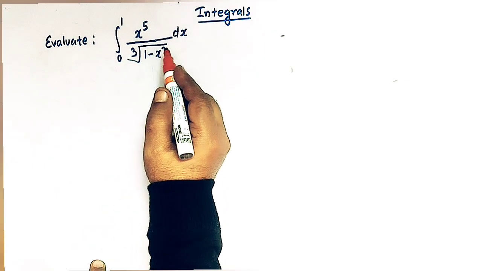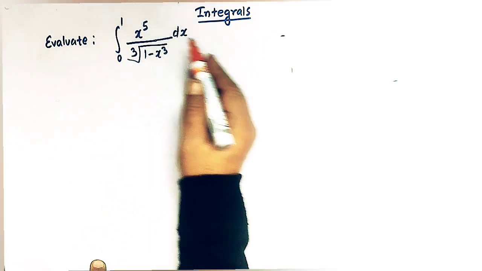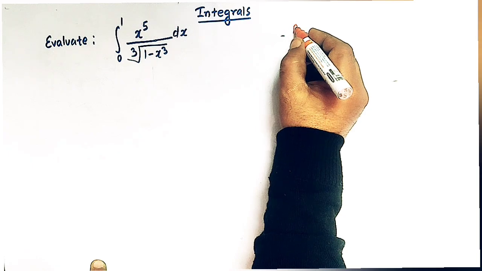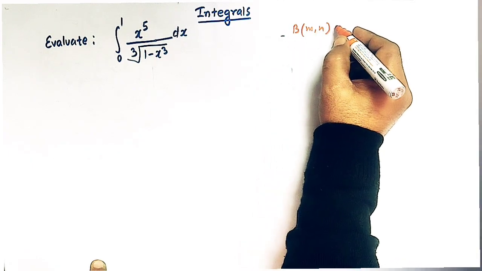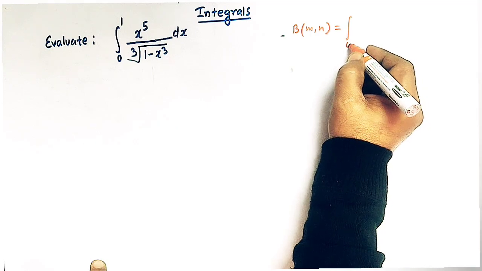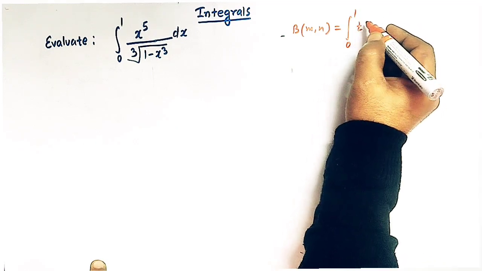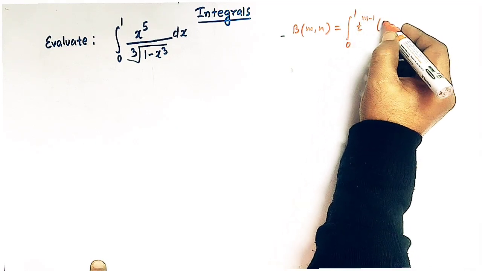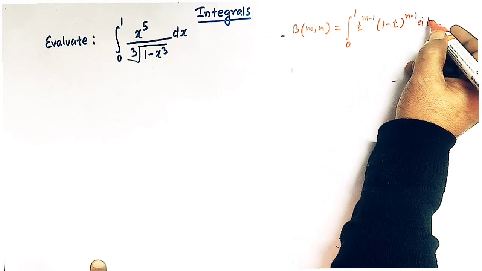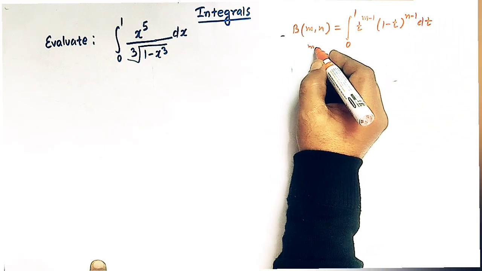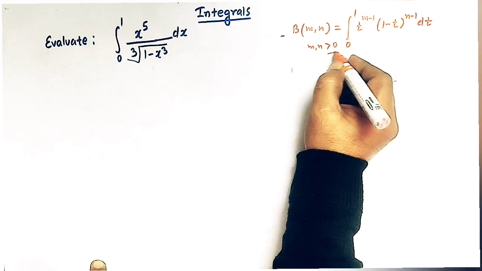So here we'll try to convert this integral into a beta function, which is defined by beta m comma n is equal to integral from 0 to 1 of t raised to m minus 1, 1 minus t raised to n minus 1 dt, where m and n are greater than 0.